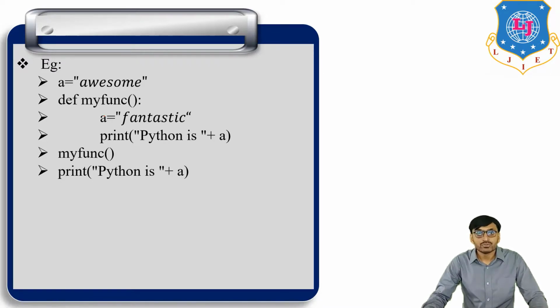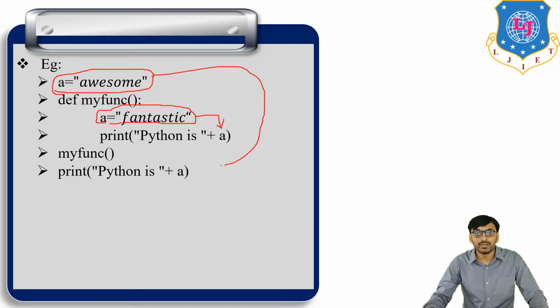So this value of A, that is fantastic, is transferred here within the function, and this value awesome is transferred here.